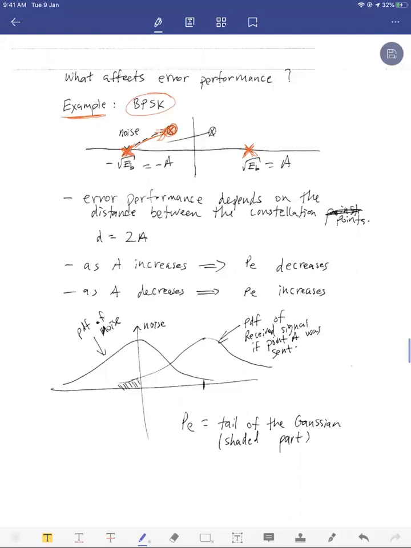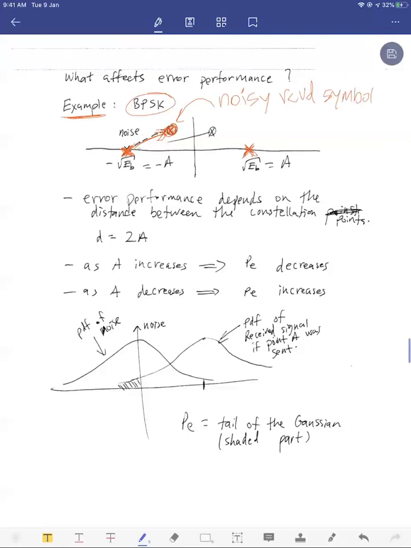So this is sort of my noisy received symbol. Now let's talk about this. Let's give these things names.